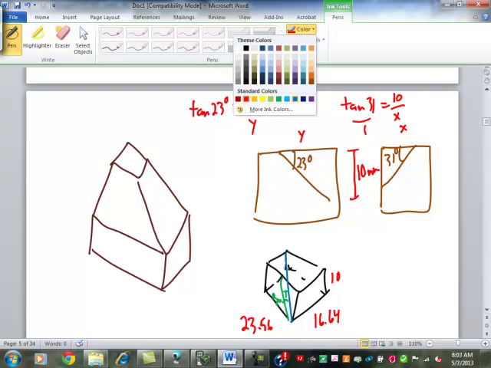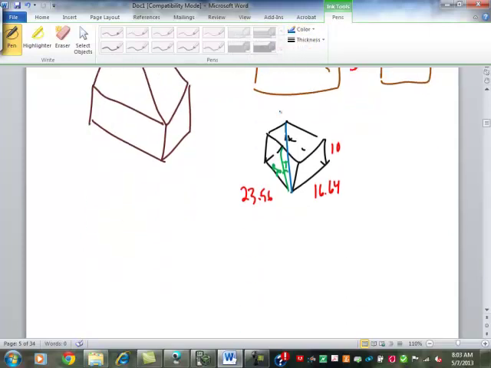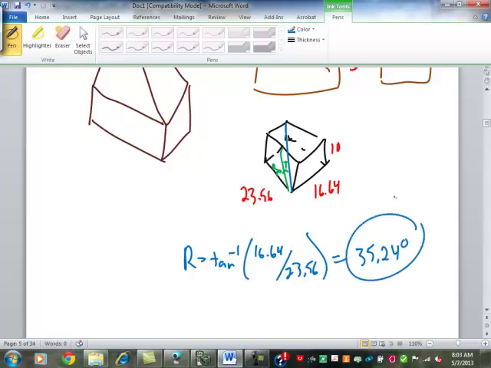And now this is just like many of the problems we've done before. R is going to be an inverse tangent of 16.64 over 23.56, otherwise known as 35.24 degrees. T needs a little bit more work. For T, we need to do a hypothetical length here.